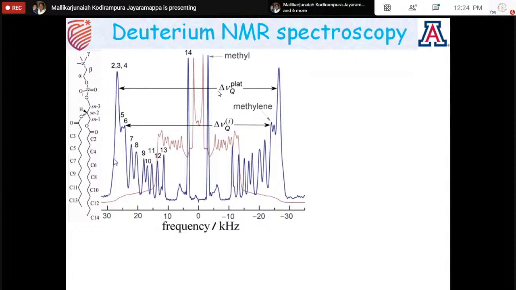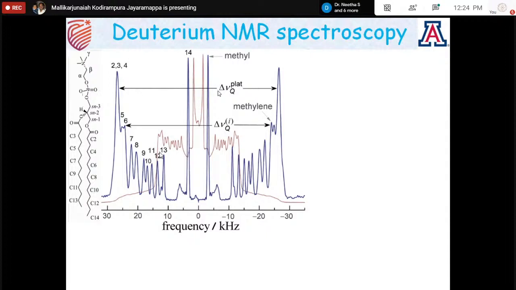Though I am taking a macro sample, even microscopic observables one can detect using solid state deuterium NMR. That is the beauty of this technique. Instead of deuterating only one position, I have deuterated the entire chain, both this chain as well as this chain. Together, that's why I am getting two sets of signals.